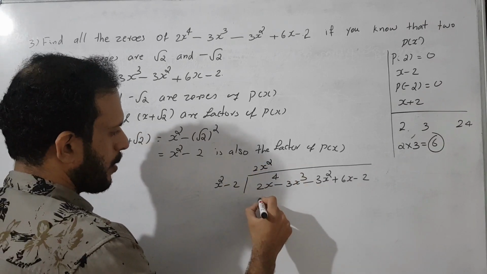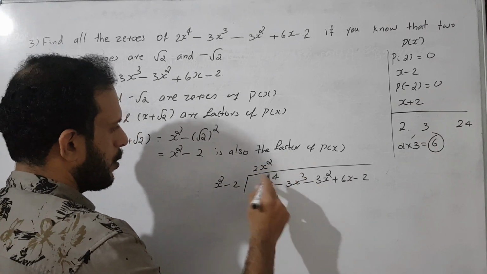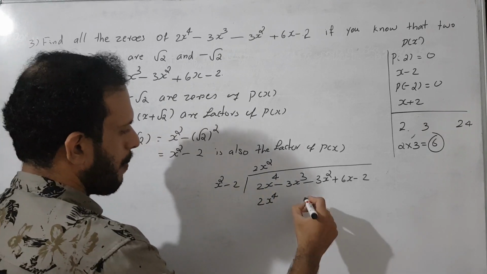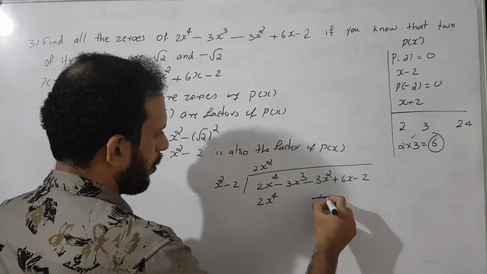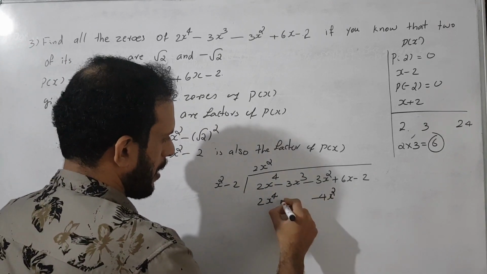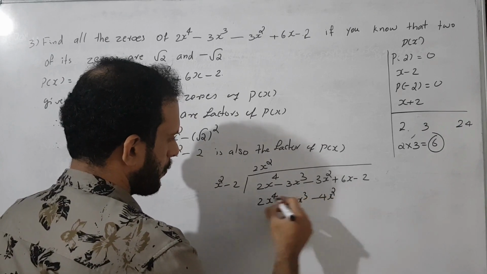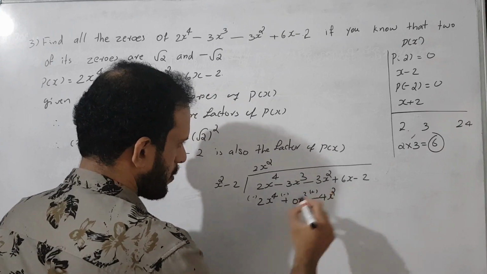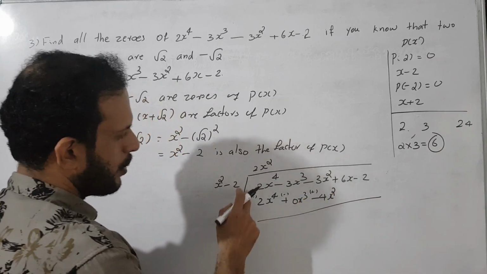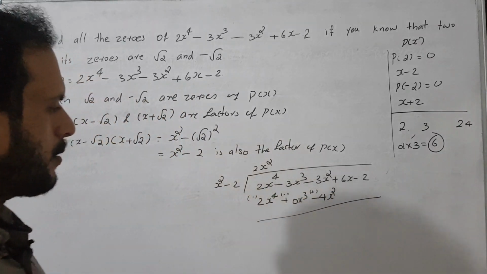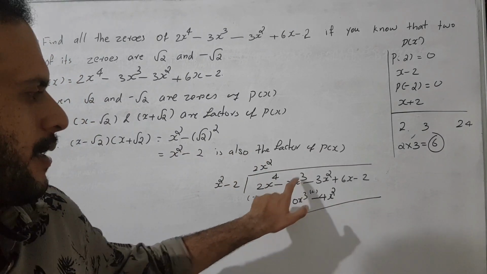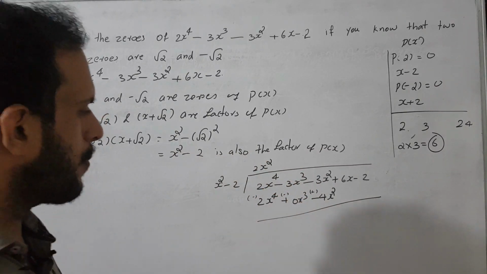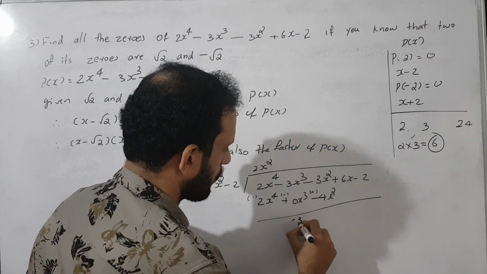Then 2x square into x square is 2x raised to 4. 2x square into minus 2 is minus 4x square. Then here we add plus 0x cube. Then we change the sign. 2x raised to 4 minus 2x raised to 4 is 0. Minus 3x cube minus 0x cube is minus 3x cube.